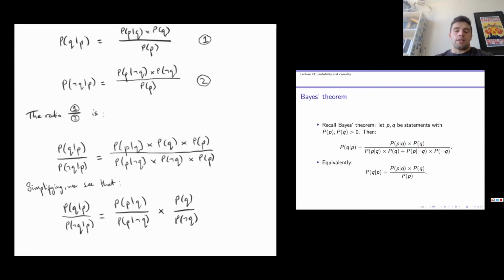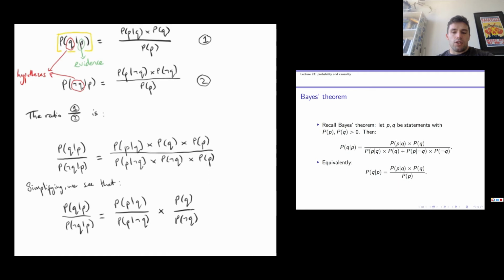Let's look back at Bayes' theorem for a second, up at the top here, and let's label some terms. So we've got Q and not Q appearing in these theorems. We call Q and not Q hypotheses, and we call P the evidence.